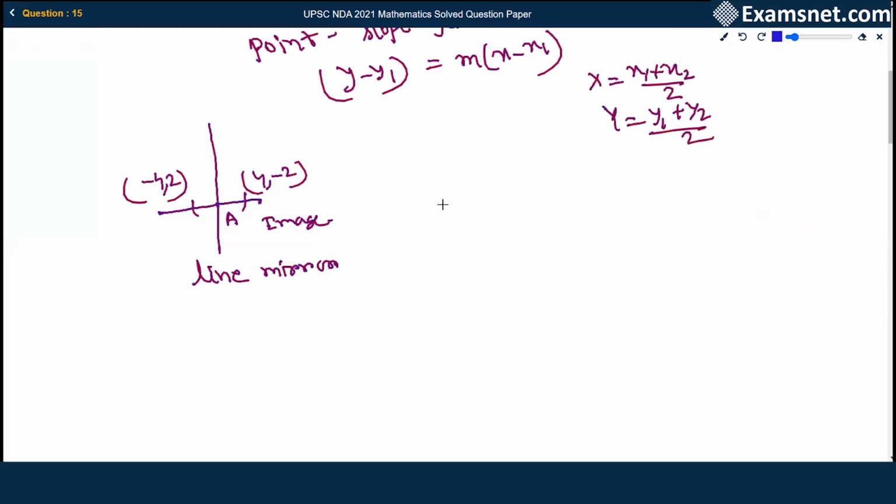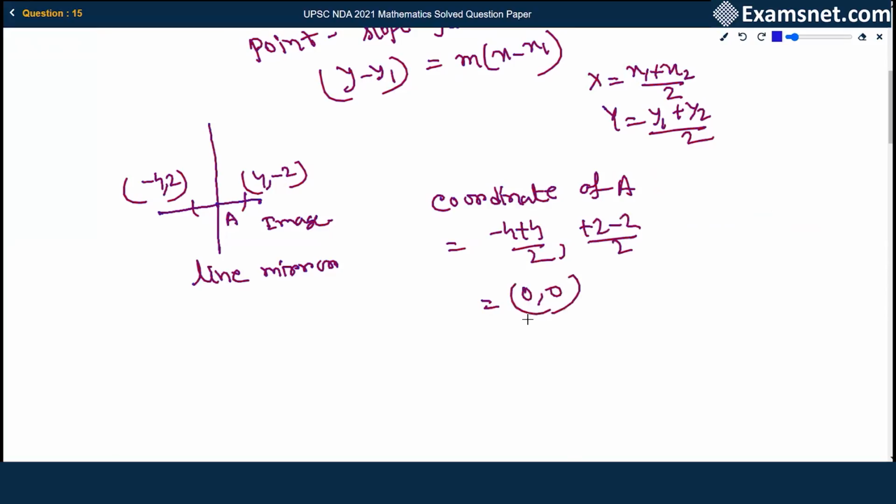So let me find the coordinates of A. Coordinates of A are minus 4 plus 4 by 2, 2 minus 2 by 2. It's 0 comma 0.